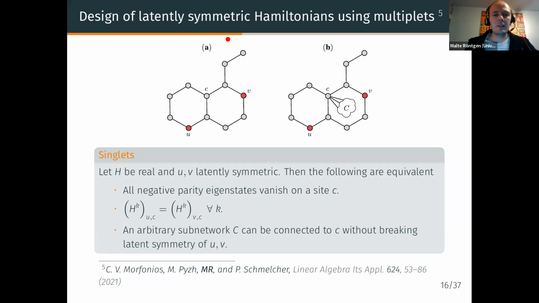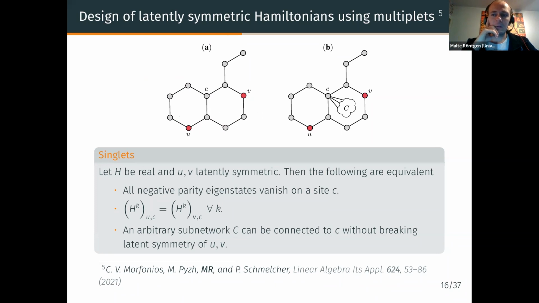Let's say you have this rather chemical looking latently symmetric graph. It has 2 latently symmetric points here, U and V. Our aim is to somehow make this system larger without breaking latent symmetry.